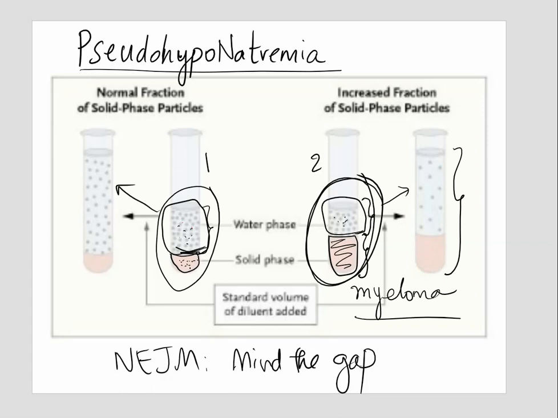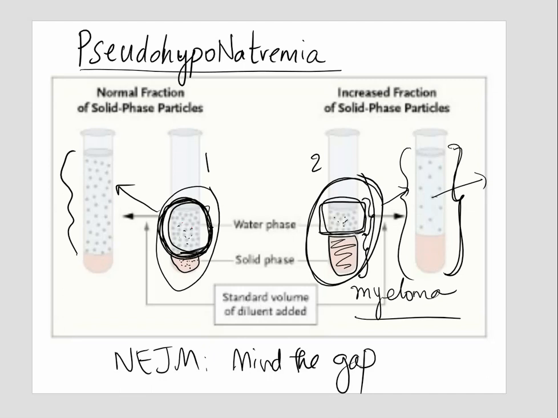Since in the beginning you have taken more of the water phase for subject 1, having more suspended sodium particles, when you dilute it down, it's going to give you a different value compared to when you start off with a smaller total number of particles and dilute it down. You are obviously going to get a reading that says the concentration of sodium here is less. So this is the phenomenon of pseudohyponatremia.